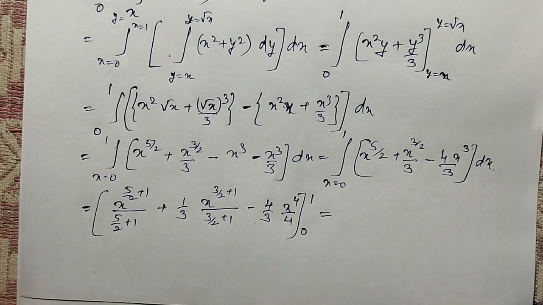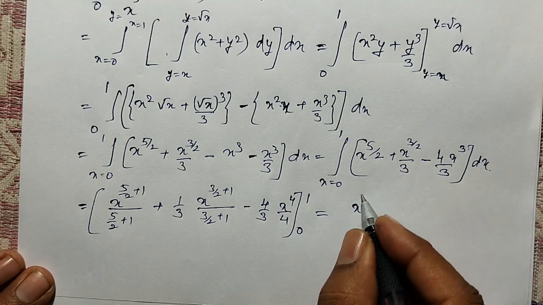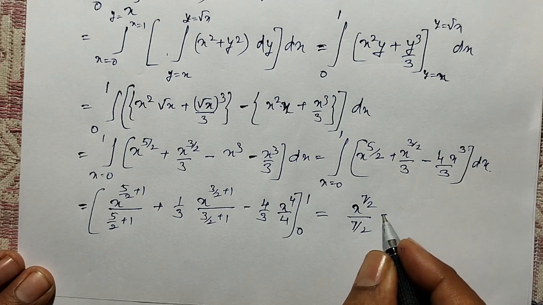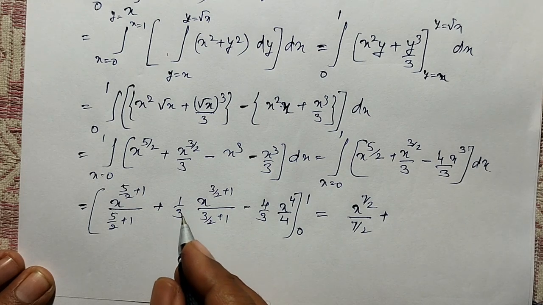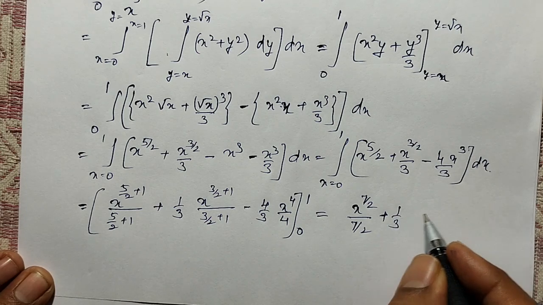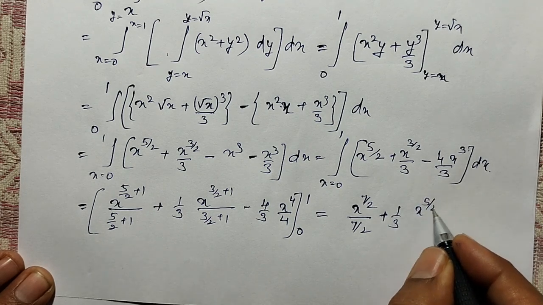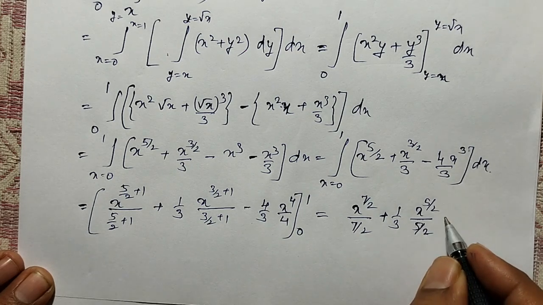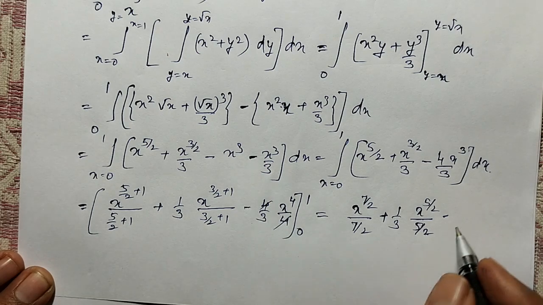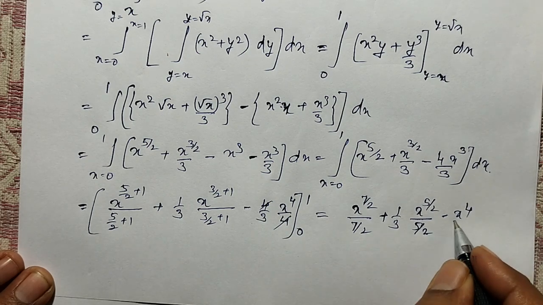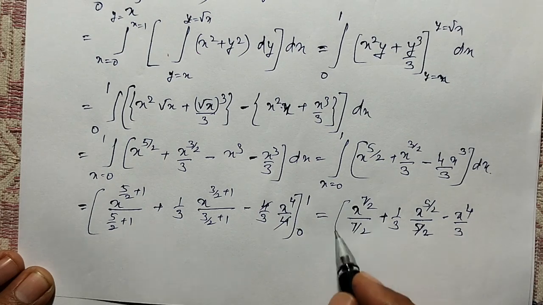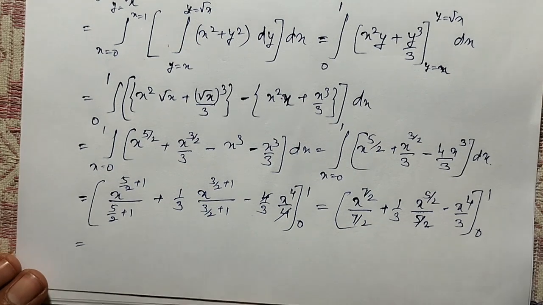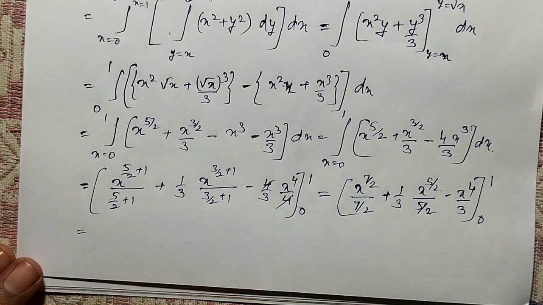Correct? Now, simplify this: x raised to 7 by 2 divided by 7 by 2 plus 1 by 3 as it is, x raised to 5 by 2 divided by 5 by 2, minus 4 cancels, x raised to 4 divided by 3, between the limits 0 to 1.